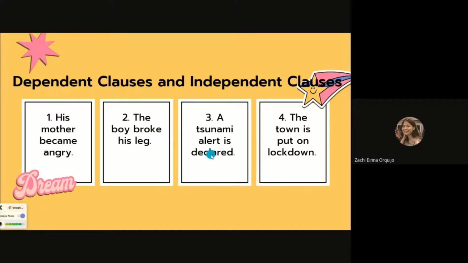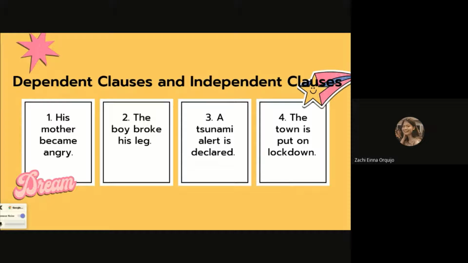At tsunami alert is declared. Independent clause itong sentence na ito dahil buo ang diwa niya or walang kulang at naiintindihan natin siya. And lastly, the town is put on lockdown. So naintindihan natin na ang isang place or isang lugar ay nagkaroon ng lockdown. So independent clause.